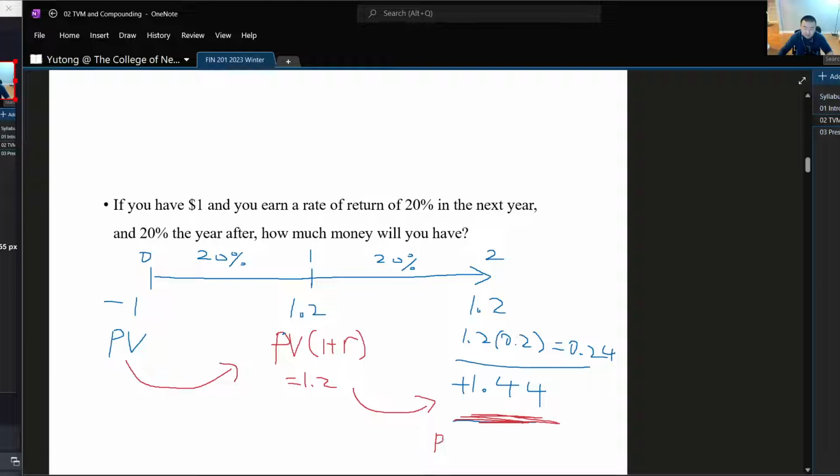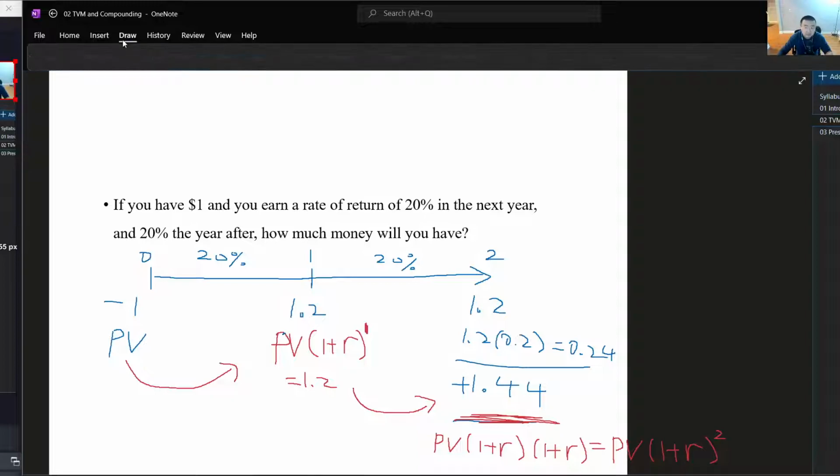What we're doing is just PV times 1 plus R times 1 plus R. Okay, right? So this is PV times 1 plus R squared. And if I want to raise this to the power, this is essentially PV times 1 plus R to the power of 1, right?